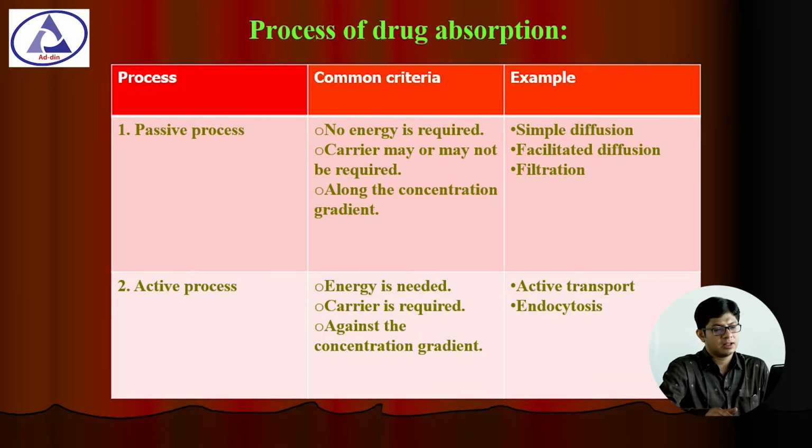Some substances absorbed by facilitated diffusion are fat soluble vitamins and water soluble vitamins; vitamin B12 is absorbed by facilitated diffusion. In RBC, muscle and adipose tissue, glucose is absorbed by facilitated diffusion.